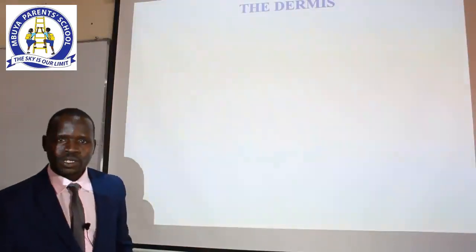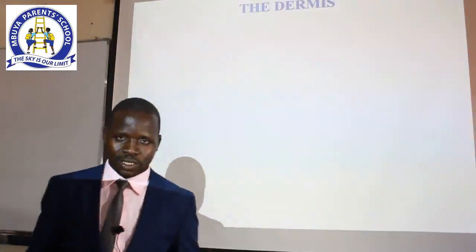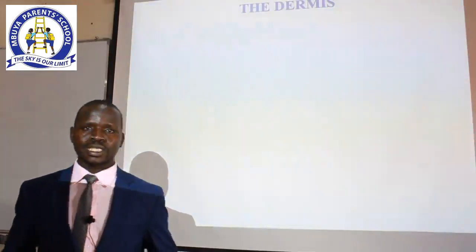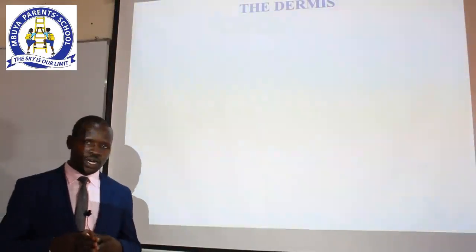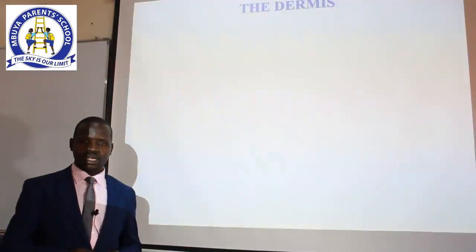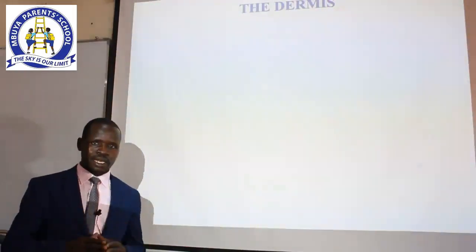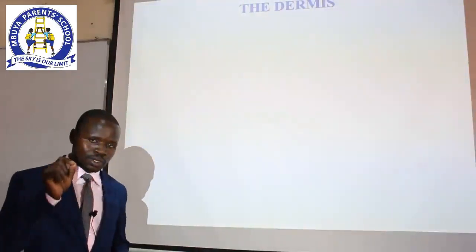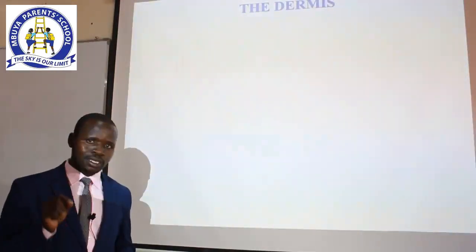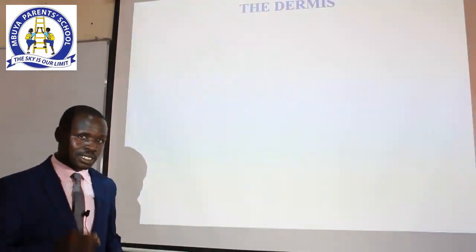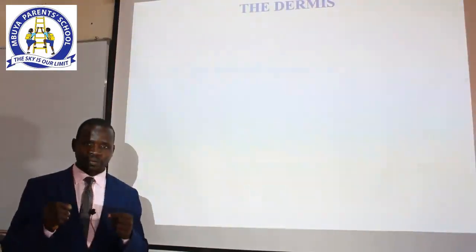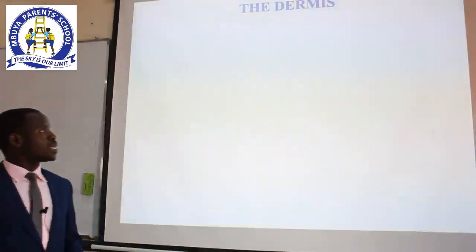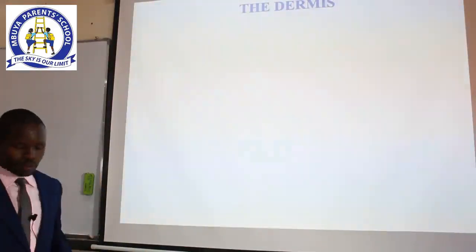Secondly, I would also like you to take keen note and learn the general functions of the skin, and other areas that we shall discuss. Please also take note of some new words, especially spellings and correct pronunciations, as will be given to you by the teacher. Thank you.